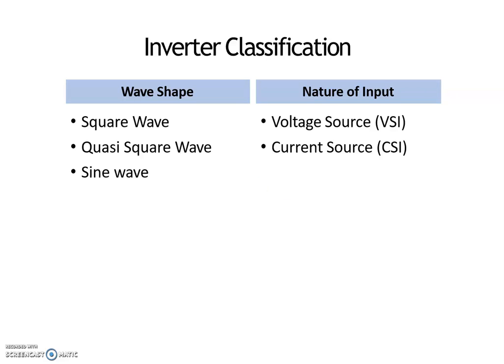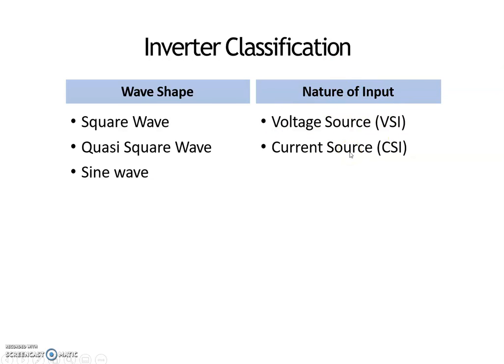Next is the classification of inverters. Depending upon the type of output wave shape, inverters are classified into square wave inverter, quasi square wave inverter and sine wave inverter. Depending upon the nature of the input DC, inverters are classified into voltage source inverters, VSI, and current source inverters, CSI.